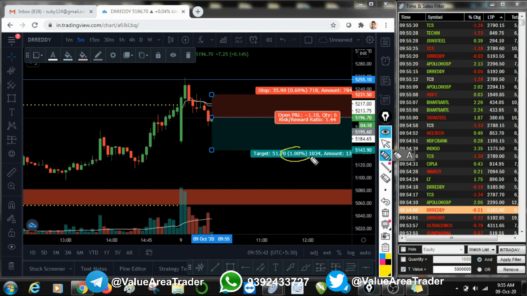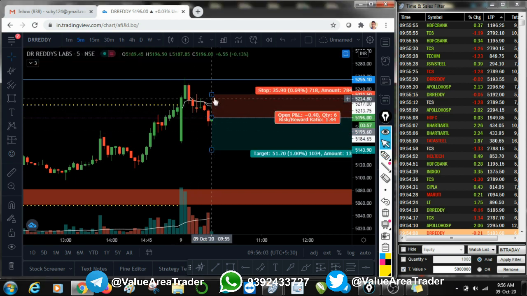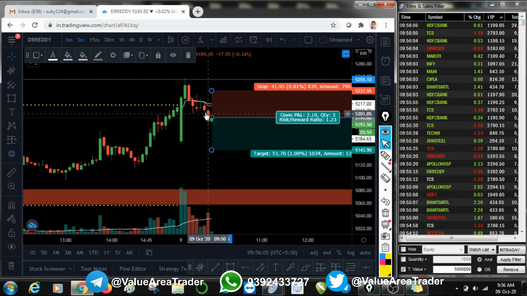If you're looking for a 1% target of the stock, that is the maximum you should aim for, because we don't have much movement in any one direction. We have direction in both the bullish side and bearish side. So the maximum you should look for is 0.5, 0.6% to 1% max. So let's see if we are having a pullback, a small pullback.